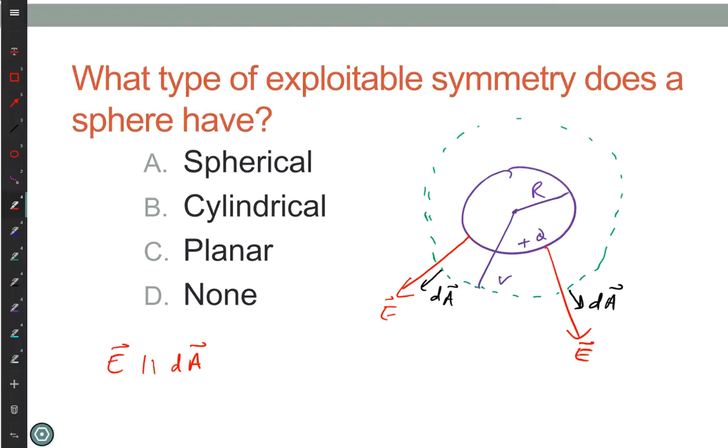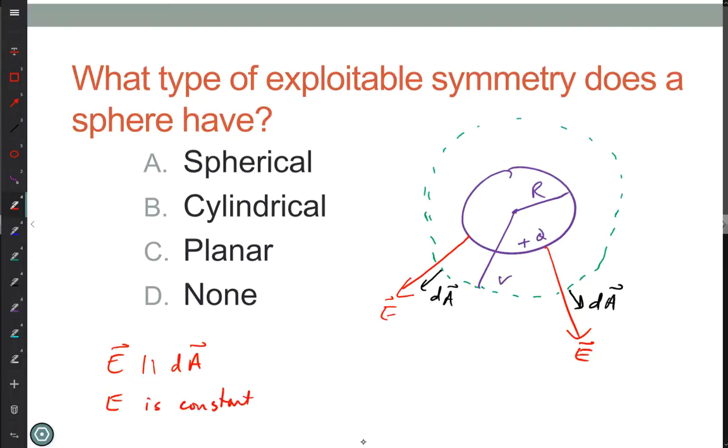So since my Gaussian surface is concentric with my charged sphere, the electric field at a constant radius is constant. Having those two means, hooray, Gauss's law will be easy.